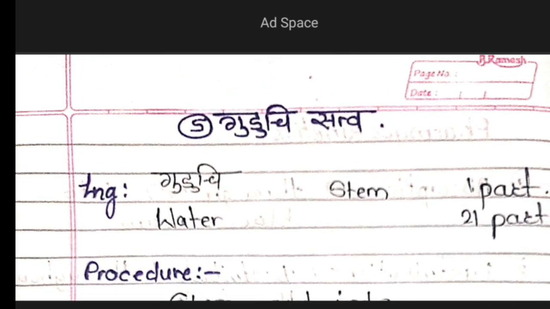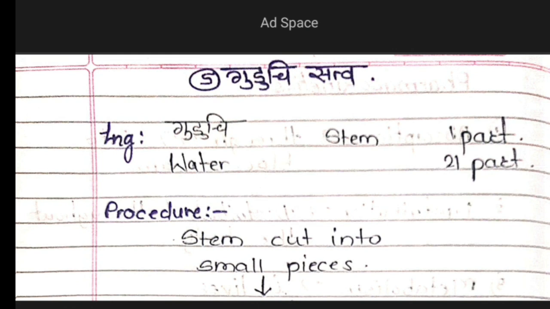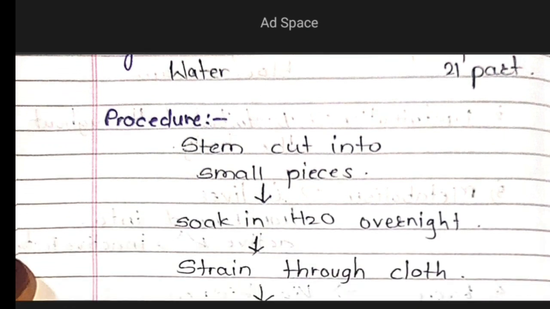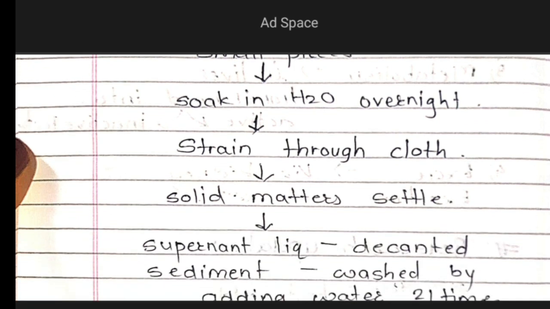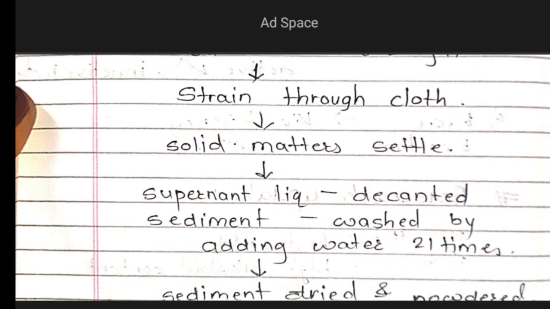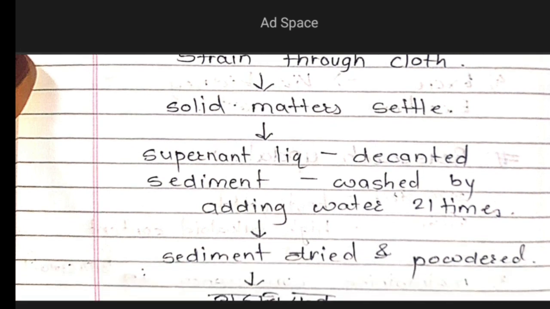Guduchi Sattva. Ingredients: Guduchi stem 1 part, water 21 parts. Procedure: the stem is cut into small pieces, then soaked in water overnight. After soaking, strain through a cloth. Let the solid matter sit for a while, where it settles at the bottom, and the supernatant liquid, the above liquid, is decanted.